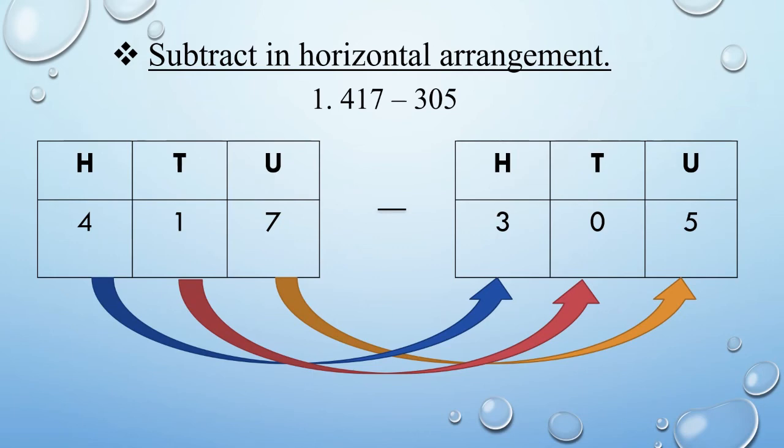Very good. Then the tens column, 1 ten minus 0 tens is 1 ten. Then the hundreds column here, student, 4 hundreds minus 3 hundreds is, very good, 1 hundred. So the answer is here 1 hundred, 1 ten and 2 units, means 112.